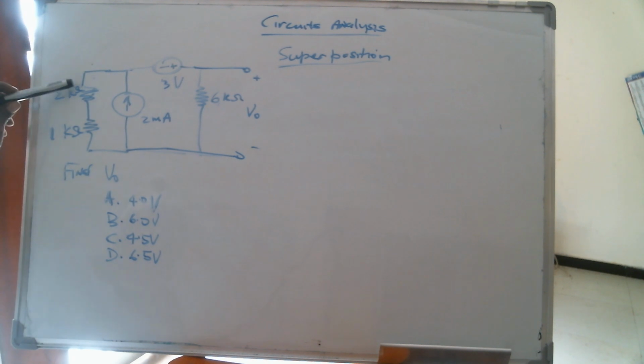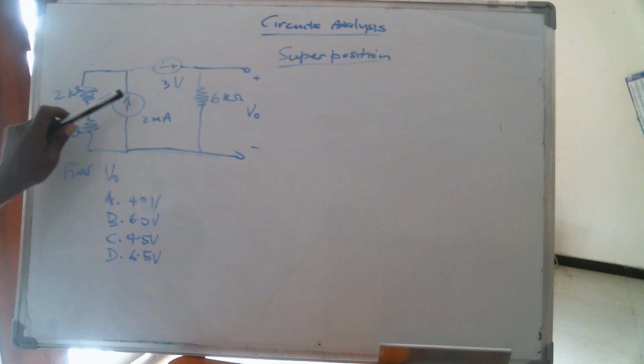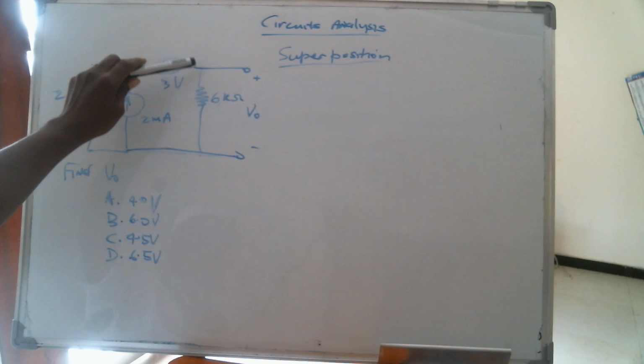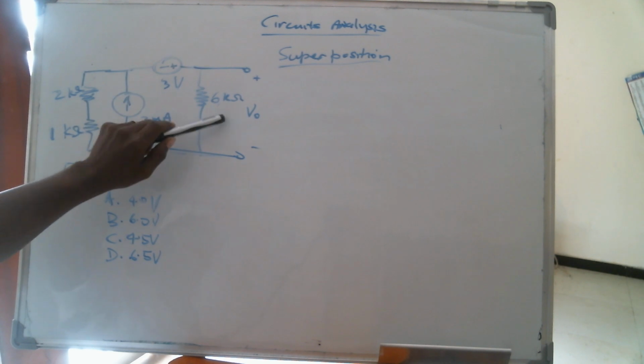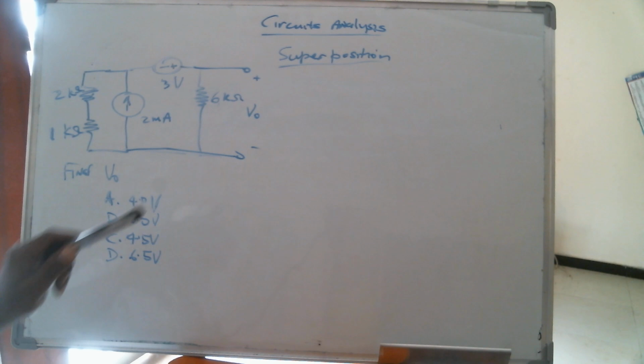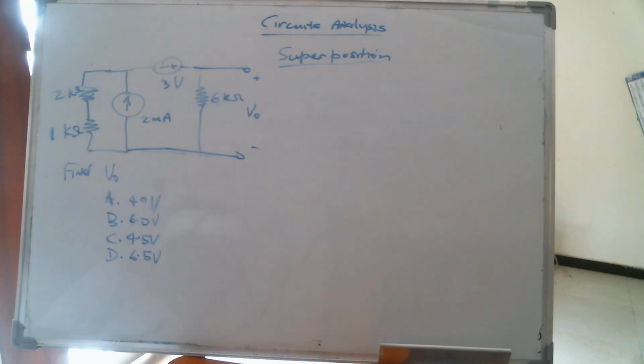There is a 2K ohm resistor and a 1K ohm resistor in series across the 2 milliamp source. And of course there's a 6K ohm resistor, which V0 is across, right? So we are required to find V0, and we're going to use the principle of superposition to find V0.